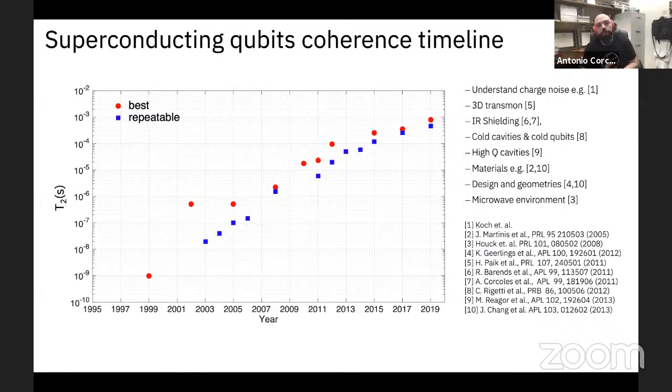So that's what we need. Now, what I call the threshold, or how good we need to be, is based on theory simulations and theory arguments that treat the noise as a simplified model of some type of noise. And we know that in reality, the noise is very complex and has many different sources. So it's difficult to say we need to be at a millisecond or at 100 millisecond coherence, because that's going to depend on a lot more things.